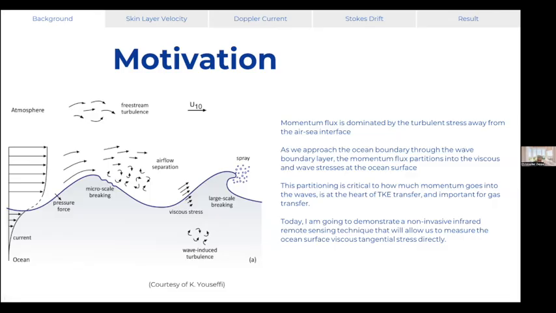So the free stream turbulence, the flux, the momentum in the atmosphere is fully carried by the turbulence. And as you approach the ocean surface, more and more of the momentum goes into the waves and into that viscous stress. So it either goes into generating waves or it goes directly into the viscous stress. And I'm going to talk about both of those and why they're important.